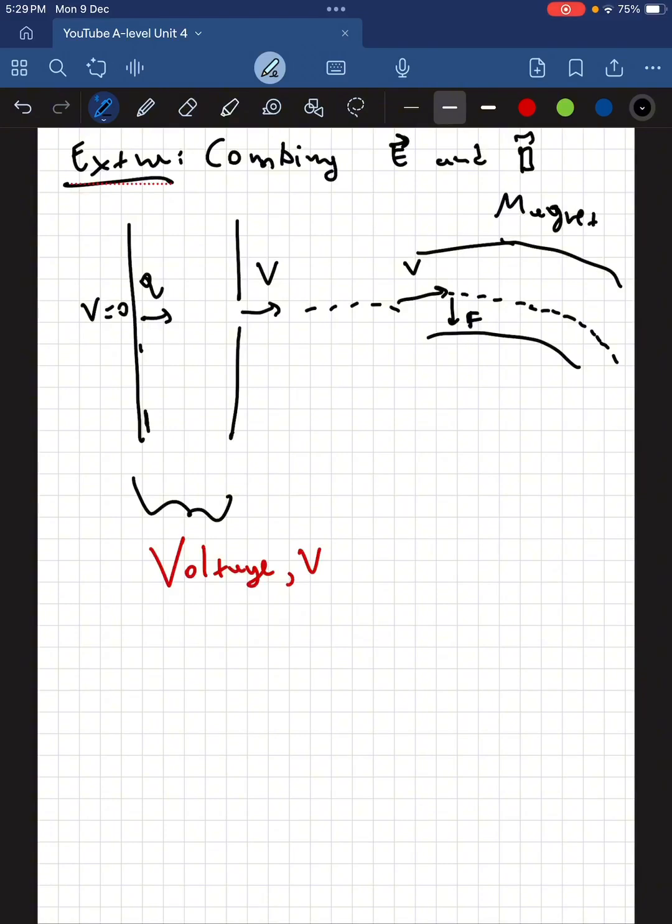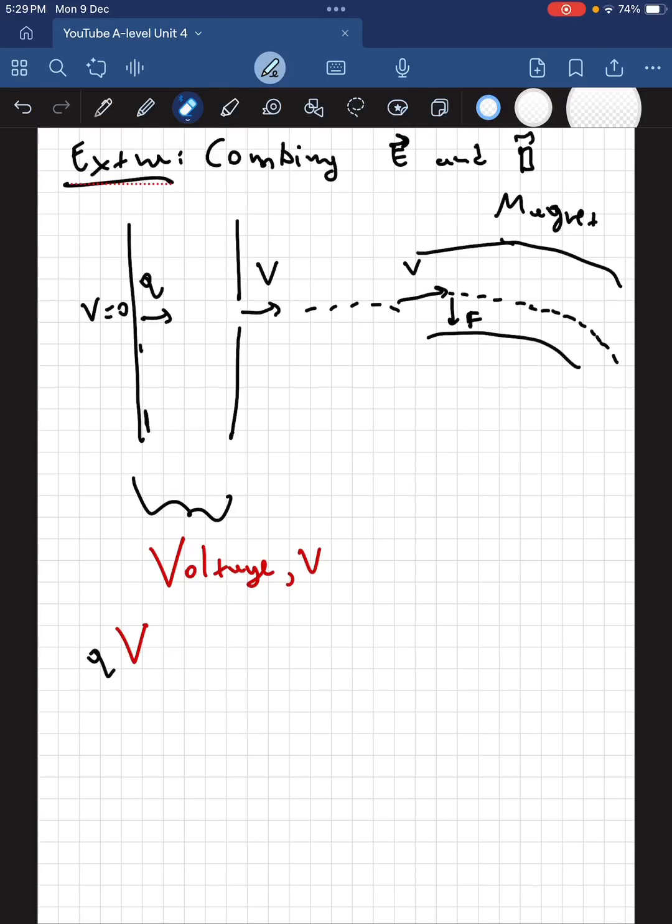Now, if we apply the principle of conservation of energy in this setup, we get the following. Q, the charge of the particle, times the voltage, which I write in red. So first, let us find this velocity v. Okay, the velocity does not change when the particle enters the magnetic field. Only the direction changes, remember?